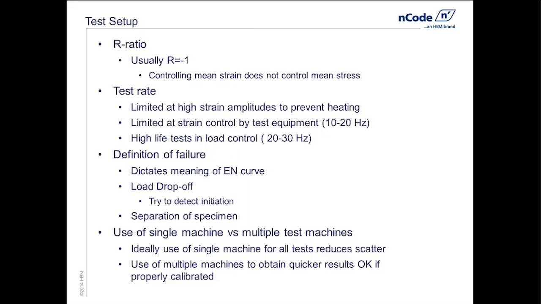But as you saw, some of those tests, especially the high cycle tests, can run for a substantial amount of time. And if I'm doing those tests sequentially on the same machine, that's going to dictate how long I have to wait for this test data. So it's allowable to use multiple machines as long as you feel comfortable that the calibration on those machines is kept up to date, so there's minimal scatter due to the different machines.